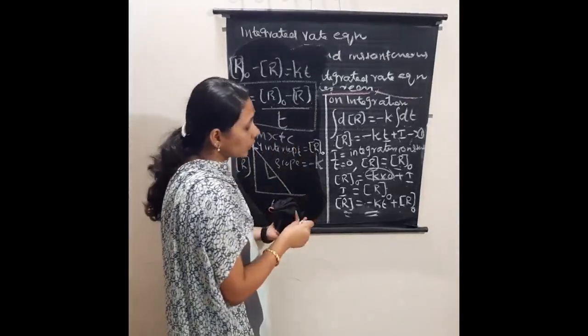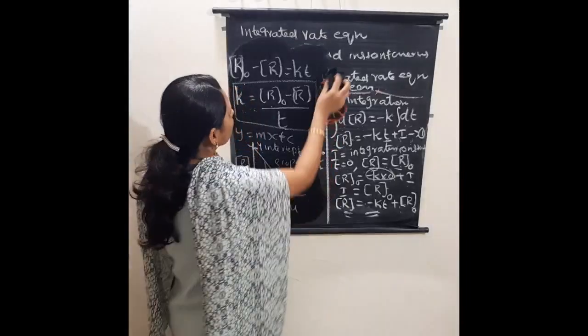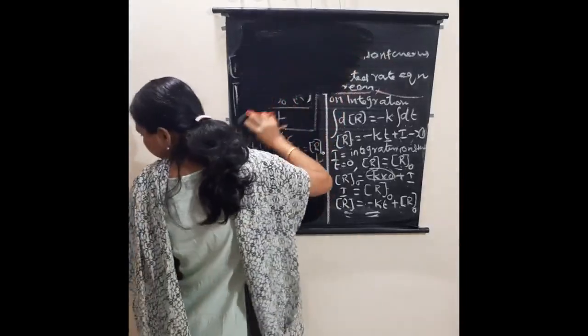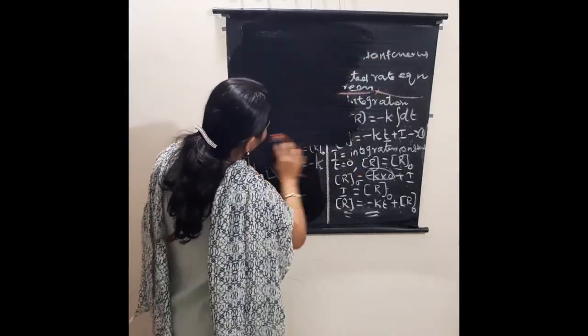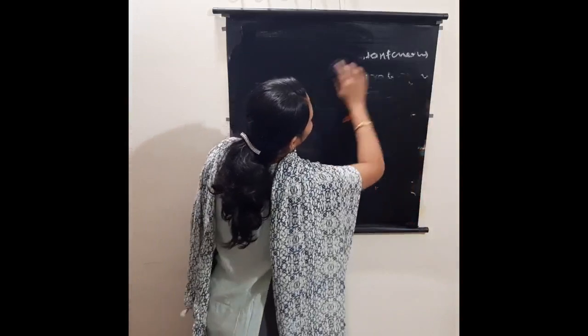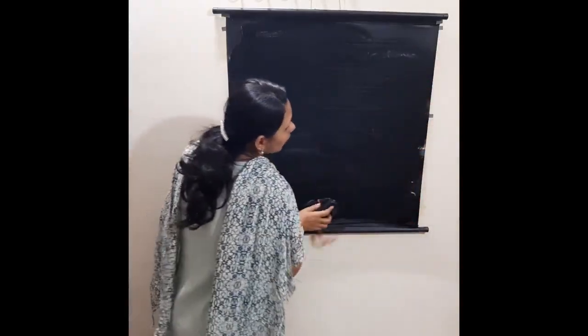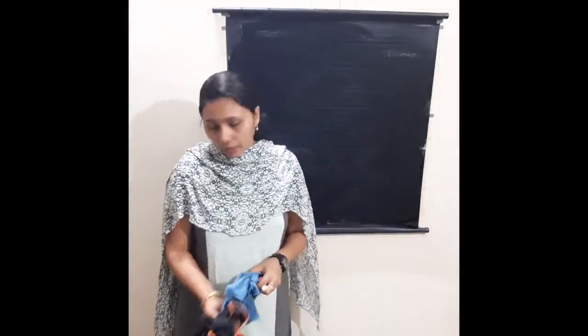Now we have to know some examples for the zero order reaction. Three examples are given in your textbook, and the first example is decomposition of ammonia, NH3.